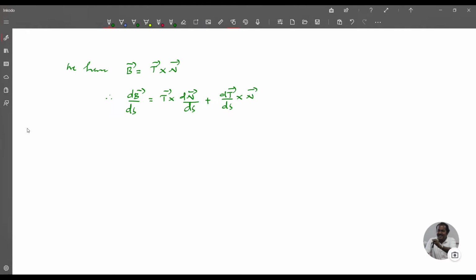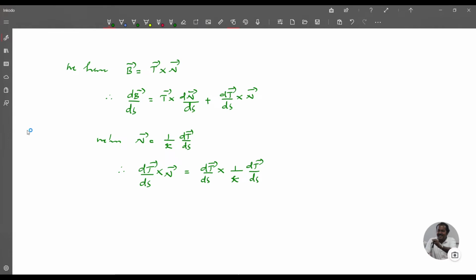We have N equal to 1 by kappa into dT by ds. Therefore, dT by ds cross N is equal to dT by ds cross 1 by kappa into dT by ds.